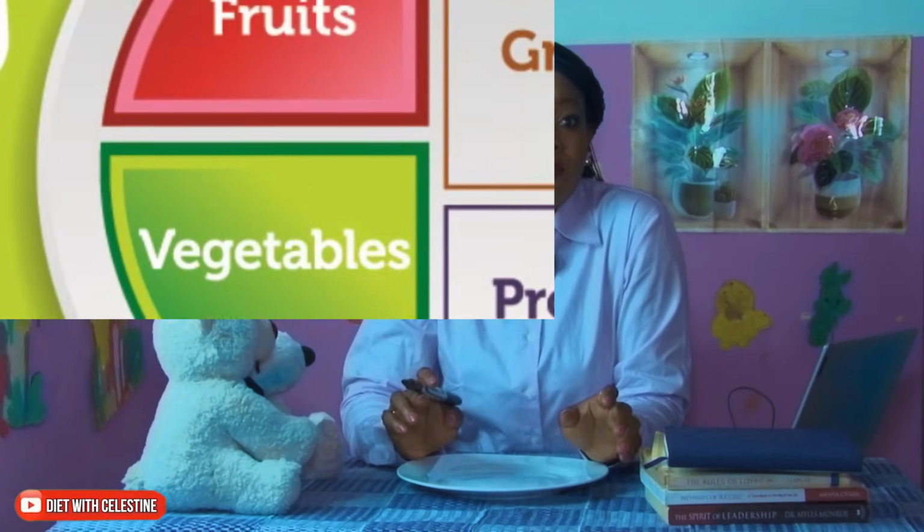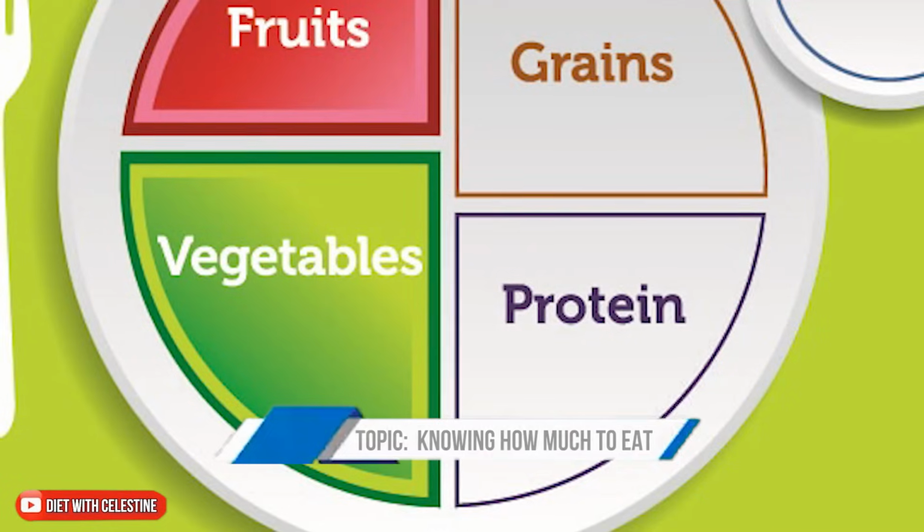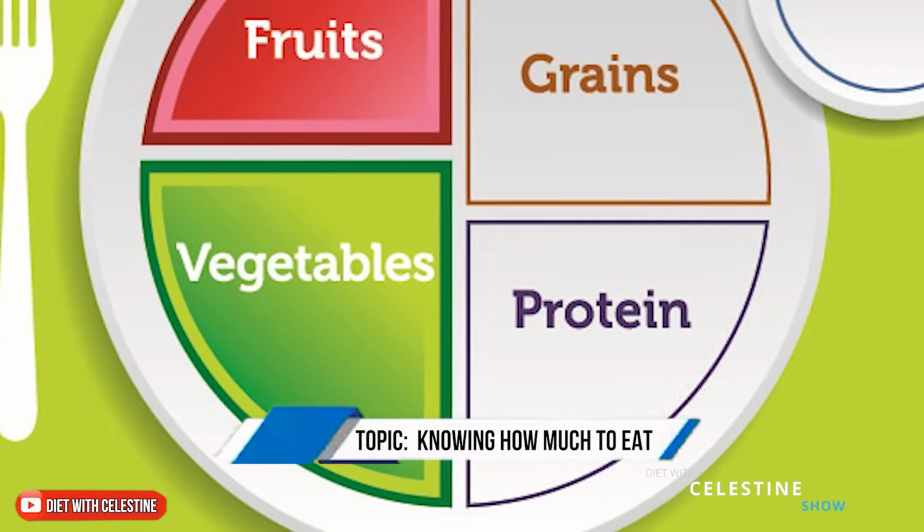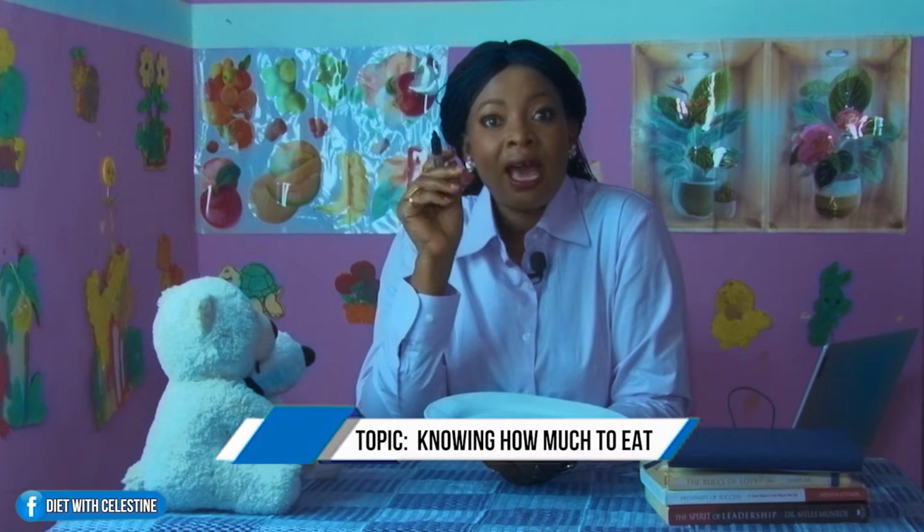What about the vegetables? So if you have a plate, whether your vegetable is in stew or in soup, the ideal thing is to have half a plate of your vegetable. So if you have a plate like this, usually we use flat plates. You don't want to use big plates that give you the impression that the food you are eating is not adequate.